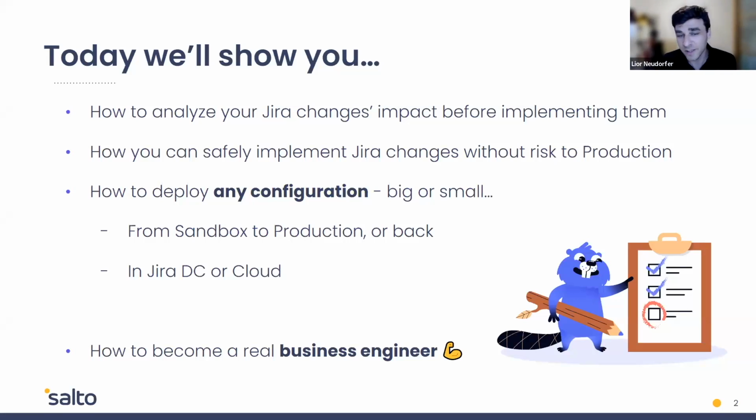And I'll show you a demo of how to deploy any configuration, any change to Jira, whether it's big or small, from your sandbox or staging to production, or from production to sandbox and staging in either Jira data center or cloud. All of this in our session today. And maybe more importantly than all of these, I'll tell you how to become what we call a real business engineer.